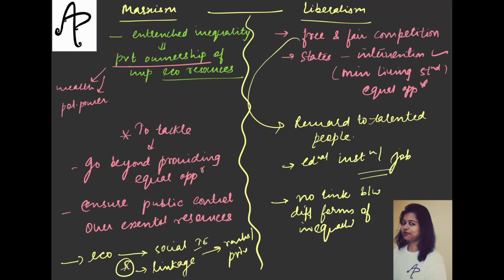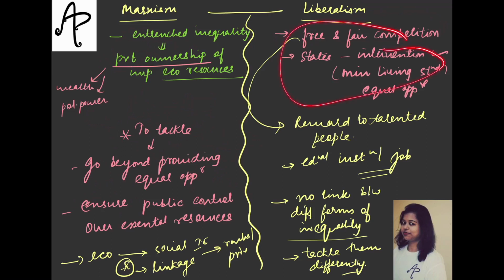They all are different in their structure, and therefore tackle them differently. Okay. So for them the problem is not inequality, because they understand that inequality will remain. But for them the problem is unjust inequality, because it is preventing the individual from developing their capabilities. So what they are focusing on is that you give them fair and free competition and opportunities.